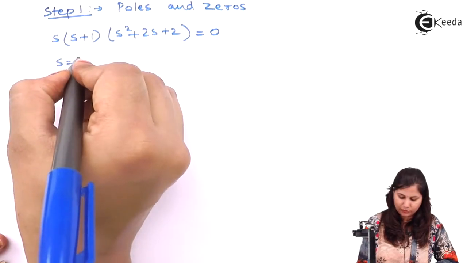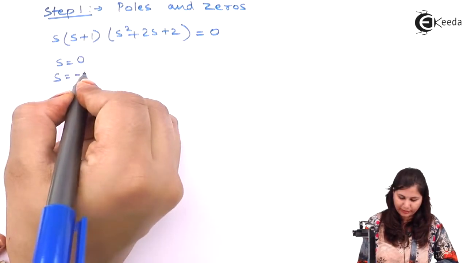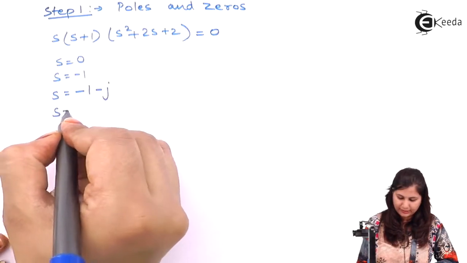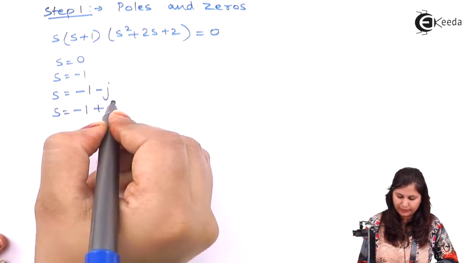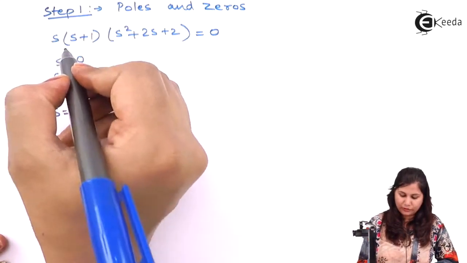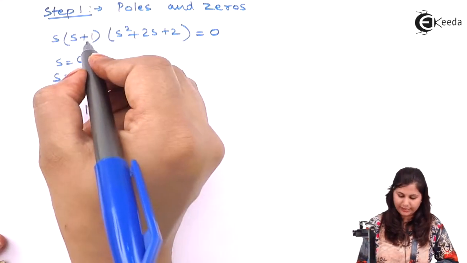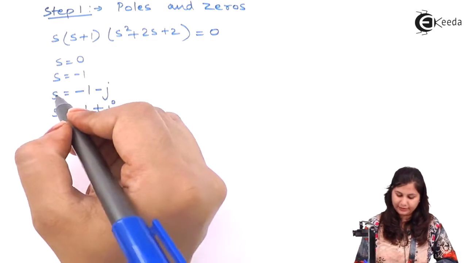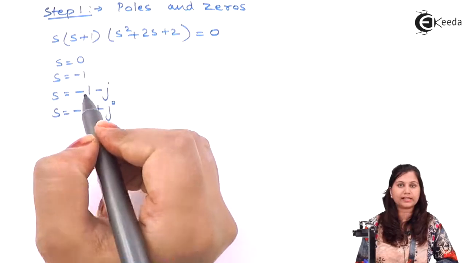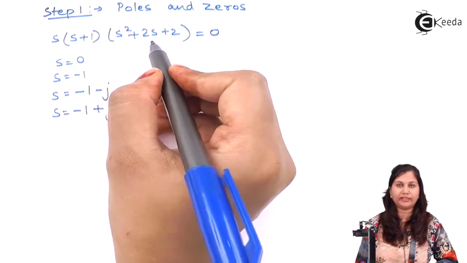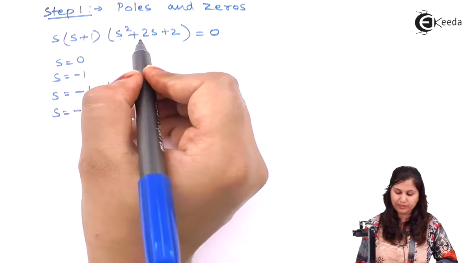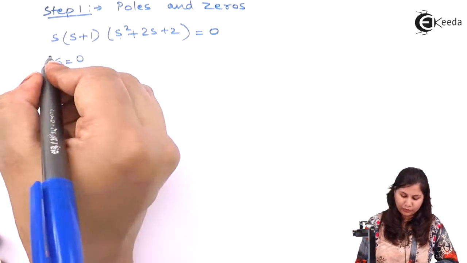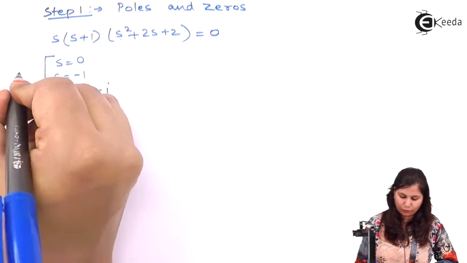We have s = 0, s = -1, and s = -1 - j, -1 + j. s = 0 is obtained from here, s = -1 is obtained by equating this to 0, and these two complex poles are obtained by equating this quadratic equation, that is s^2 + 2s + 2 = 0. So we have obtained these 4 poles.